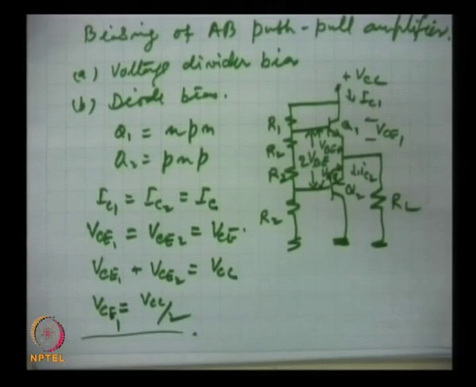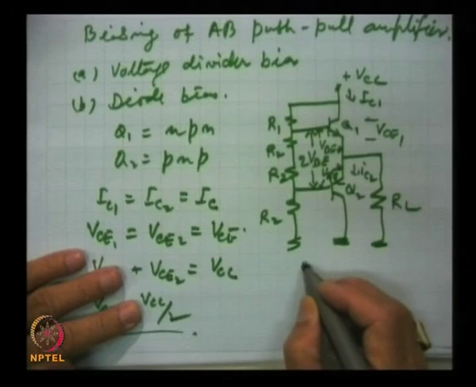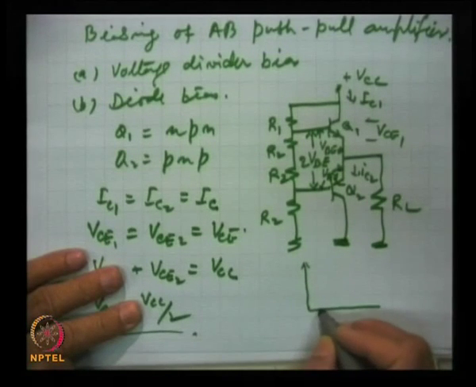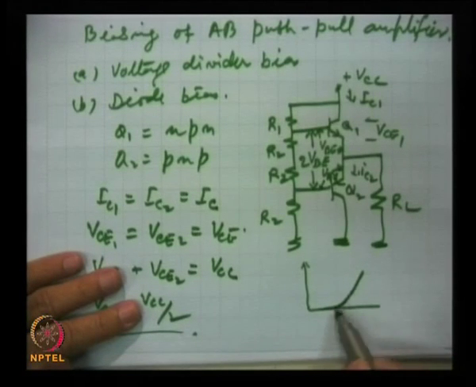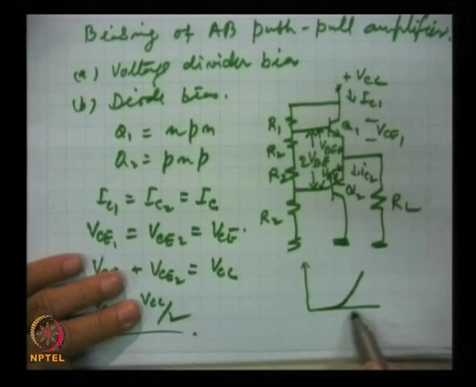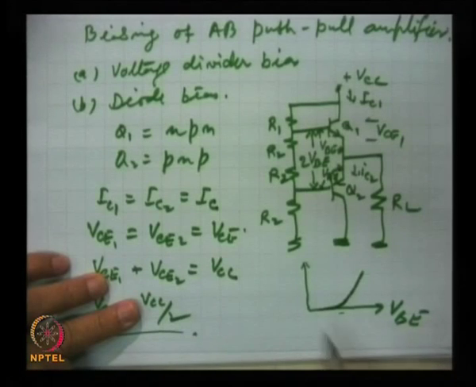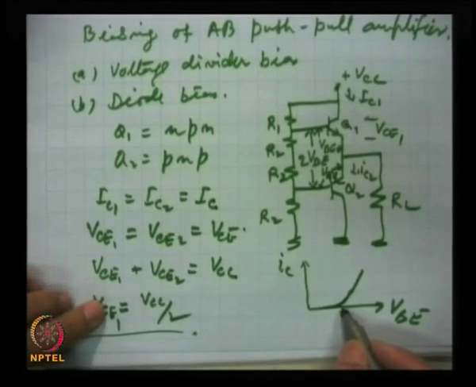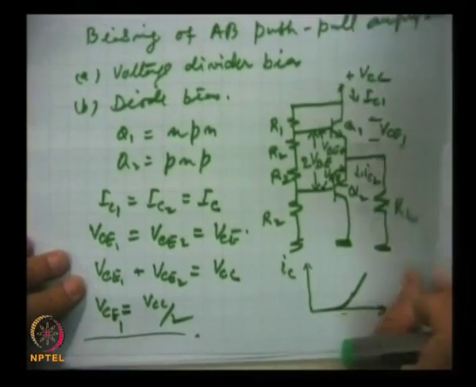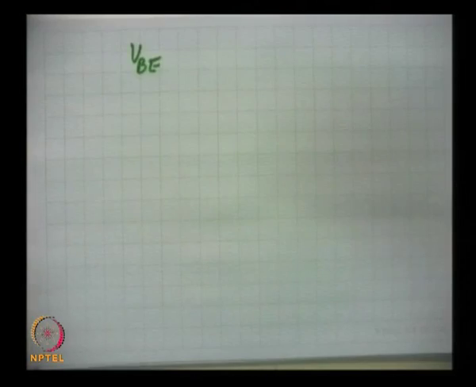There is a problem in the voltage divider bias. If you look at the curve, it is very sharp in the just-on condition here. Therefore, small changes in voltage VBE produce fast changes in IC on the transconductance curve. And remember, when we were talking of BJT, we said that voltage VBE is temperature dependent.